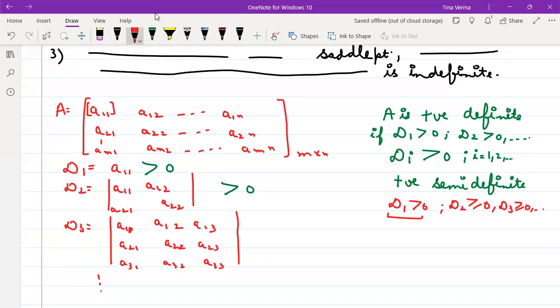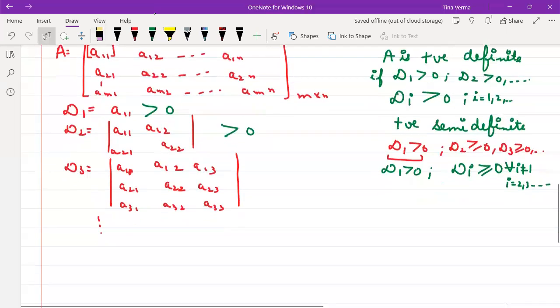That means only your D1 should be greater than 0, and all other Di can be greater than or equal to 0 for i not equal to 1, that is for i equal to 2, 3, and so on. Is it clear? So the definition of positive definite and positive semi-definite, clear?